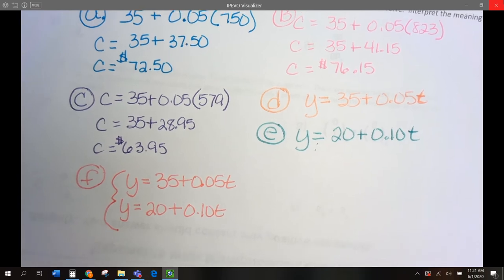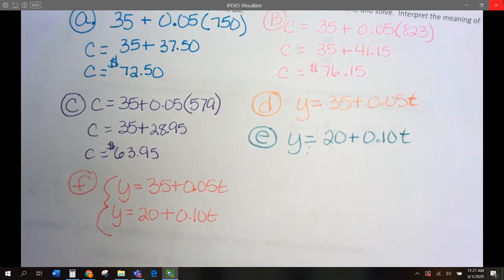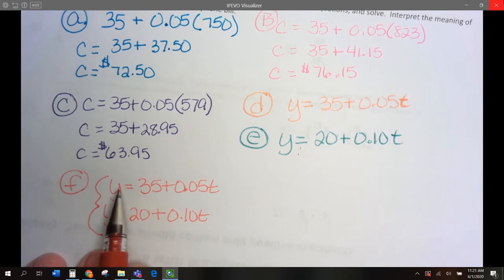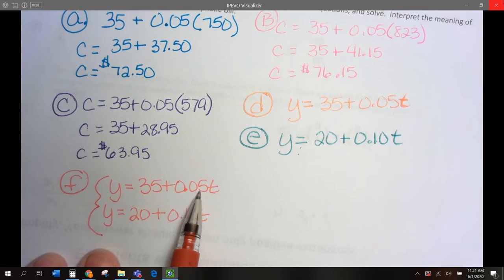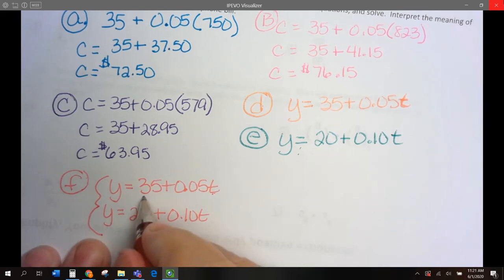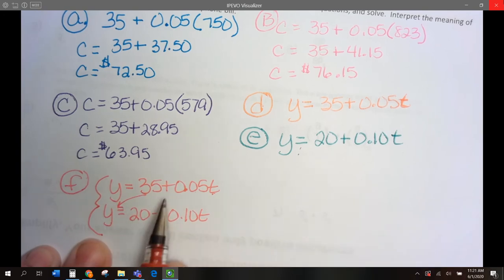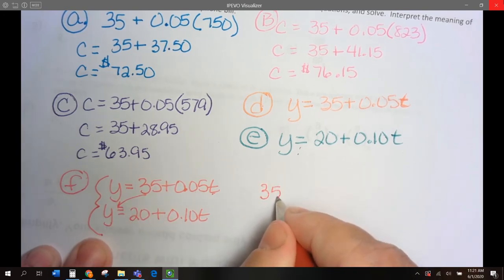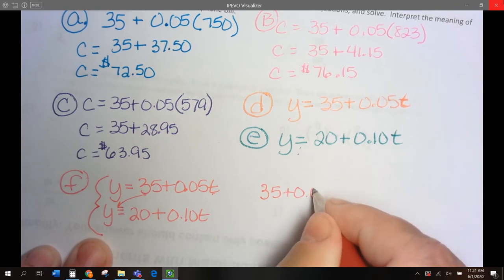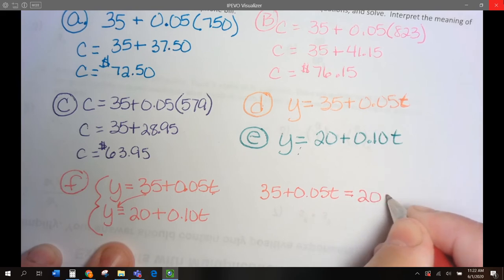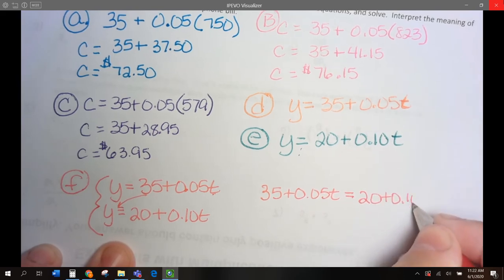That's our system of equations. And for this, we can use substitution, because I know what y equals, right? y equals 35 plus 0.05t, so for this y, I can put in that. So 35 plus 0.05t equals 20 plus 0.10t.